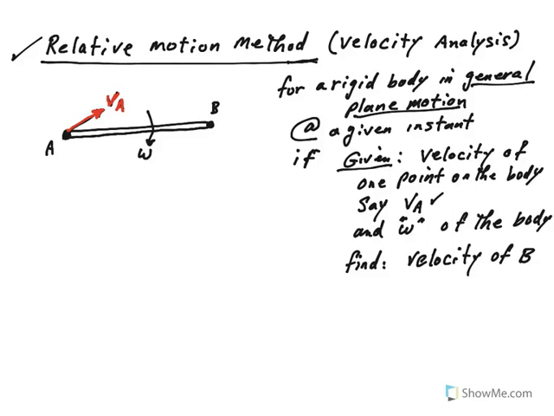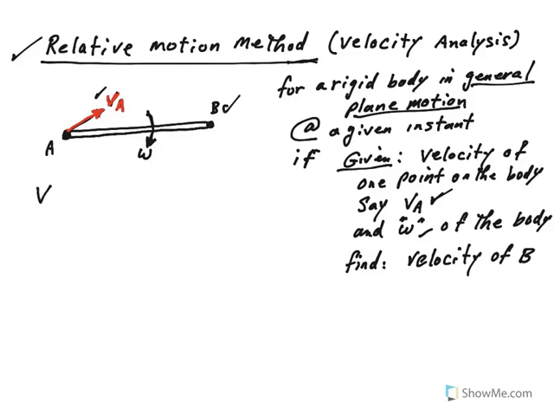So point A has a given velocity of VA with some magnitude and direction, as you could see. And then it says if the velocity of point A is given and angular velocity of the bar is given at this instant, which you can see this bar is rotating clockwise, right? Then we should be able to find velocity of point B, right? So let me show you how that's done.